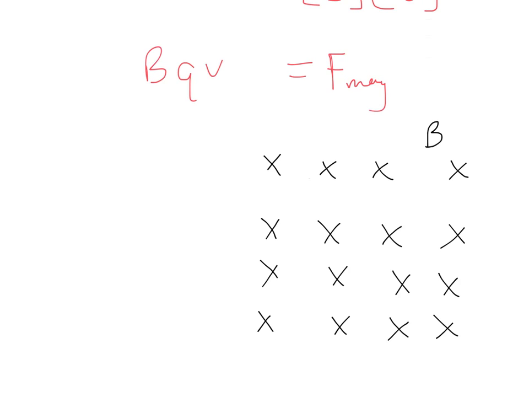Kian, why do I know this is into the page? Remember this one, Kian? Now that we've learned this, what was the way to remember it? I forget. What did I give you the analogy to?